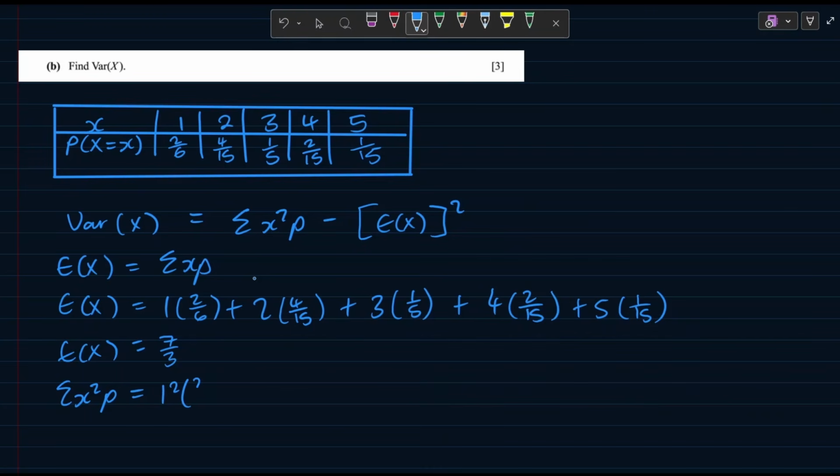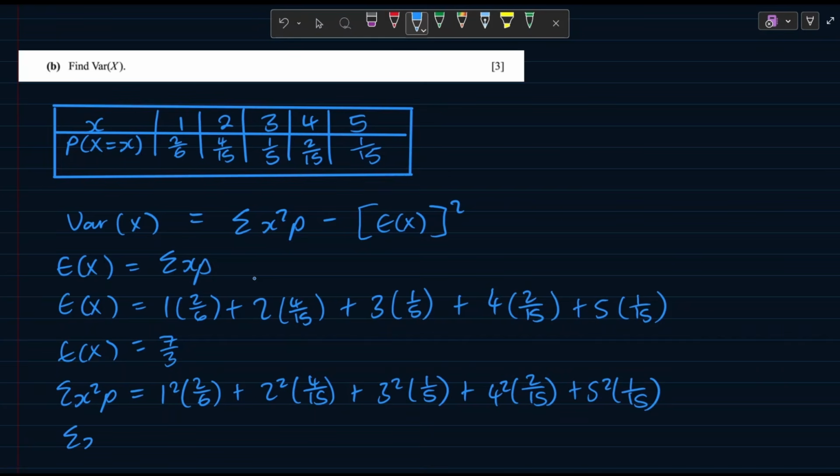So 1 squared times 2 over 6 plus 2 squared times 4 over 15 plus 3 squared times 1 over 5 plus 4 squared times 2 over 15 plus 5 squared times 1 over 15.